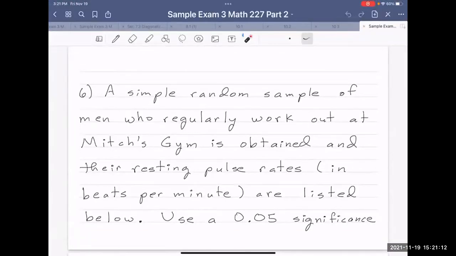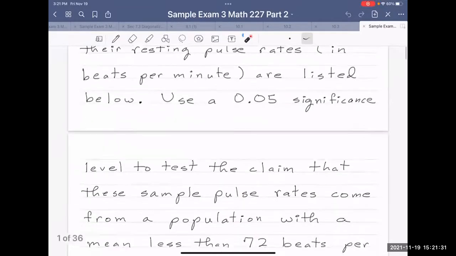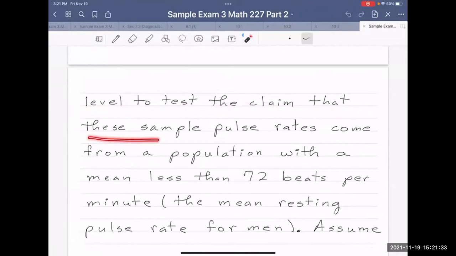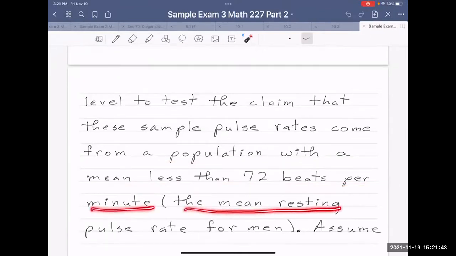Problem number 6. A simple random sample of men who regularly work out at Mitch's gym is obtained and their resting pulse rates in beats per minute are listed below. Use a 0.05 significance level to test the claim that these sample pulse rates come from a population with a mean less than 72 beats per minute, the mean resting pulse rate for men.